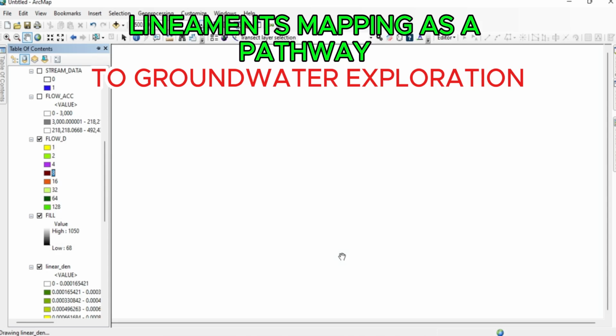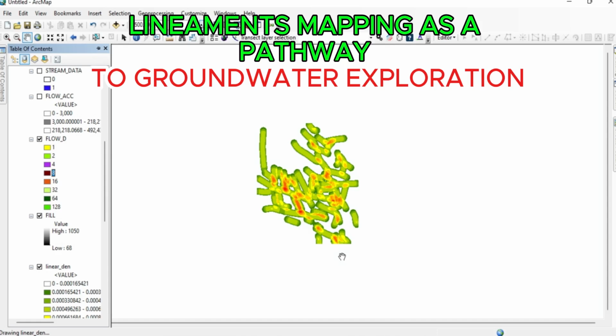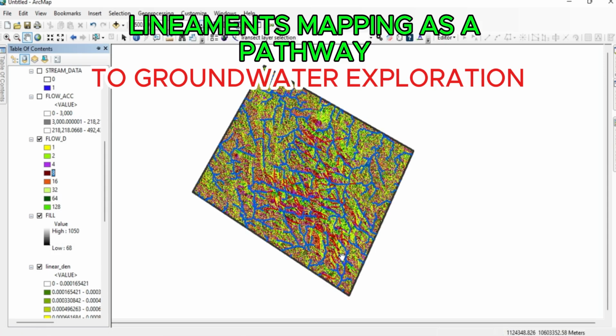Now we have added our flow direction. To better understand this video, watch stream network analysis, drainage network analysis, then lineament and lineament density map part 1. So you can see our lineaments, you can see our flow directions, and you can also see our stream network analysis.